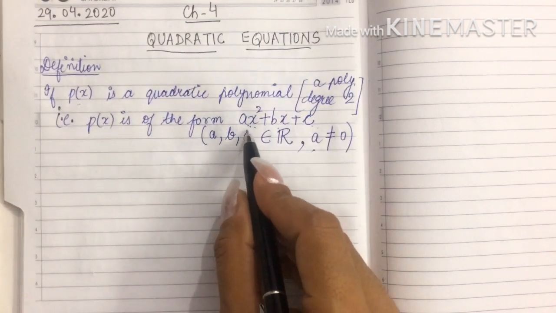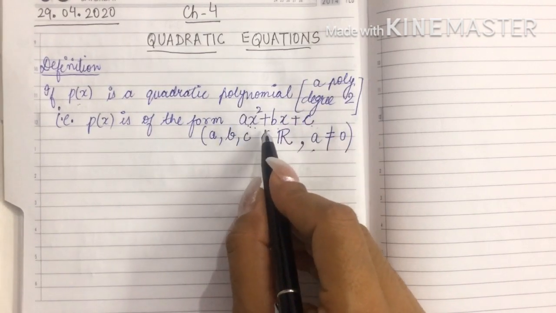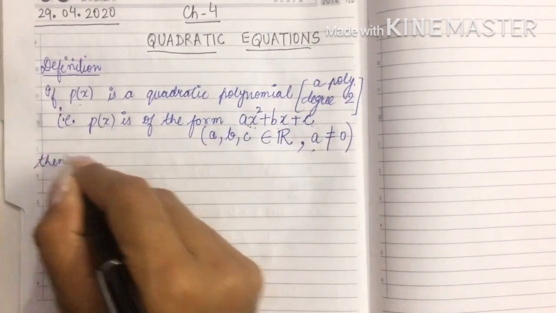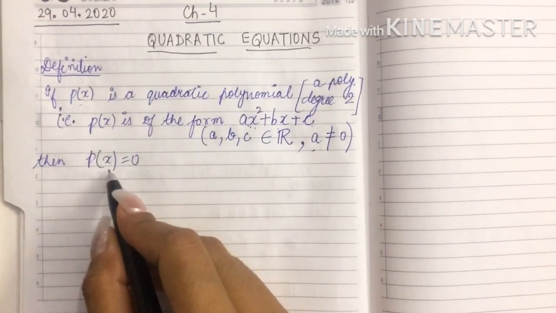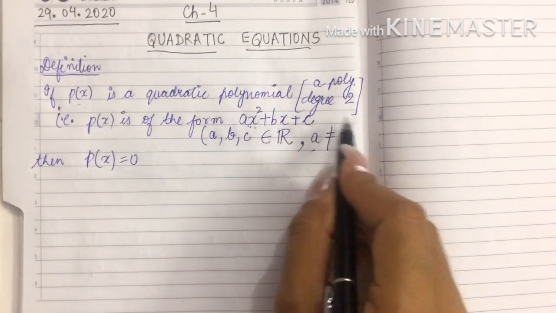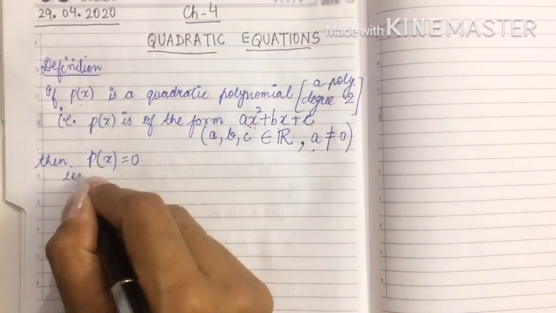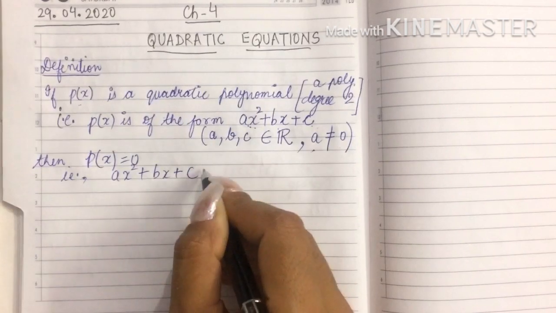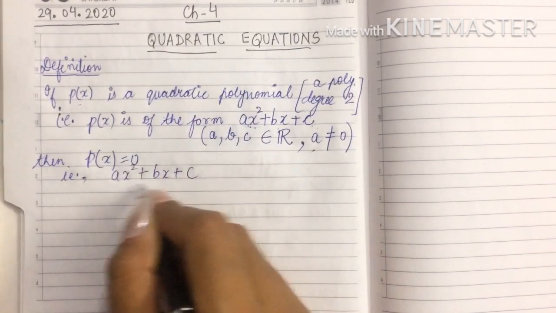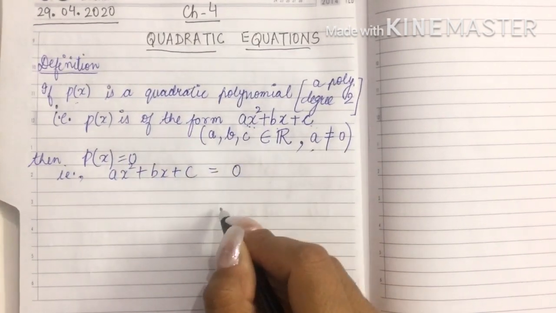If we have a polynomial of this form, a quadratic polynomial, then p(x) equal to 0 means if I take the polynomial equal to 0, I get a quadratic equation. So this is what I will have: quadratic polynomial equal to 0.